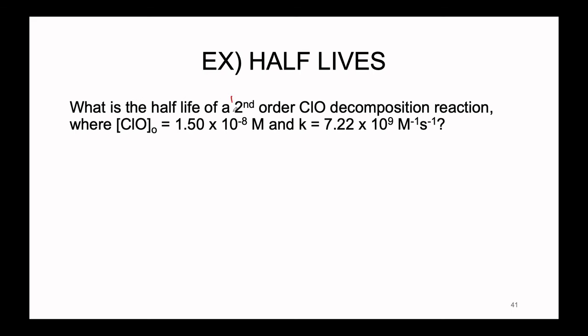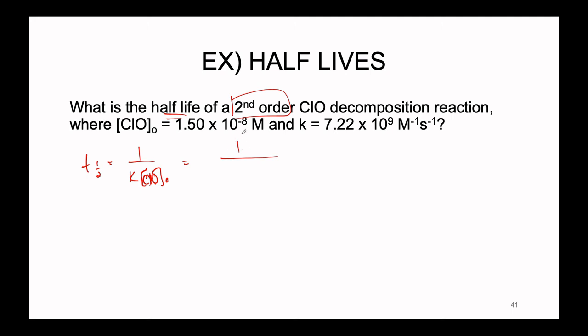So we're working with a second order reaction, which tells us that if we are looking for a half-life, the equation that we need to use is half-life equal to 1 divided by our rate constant K times the initial concentration of X, where X in this case is our chlorine monoxide. So we are going to keep this 1 in the numerator.